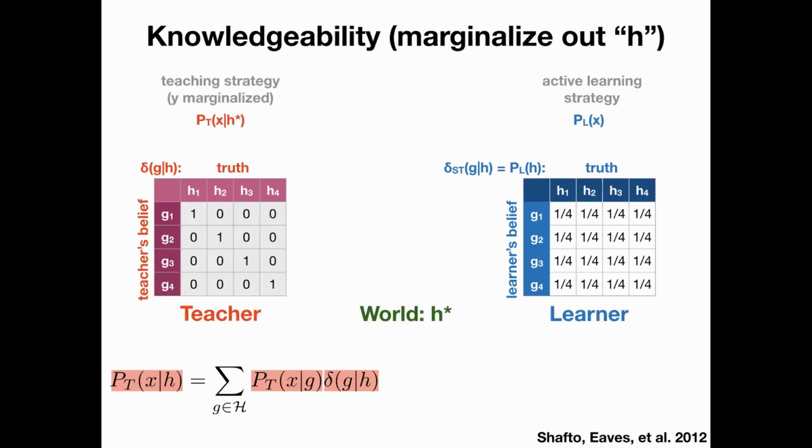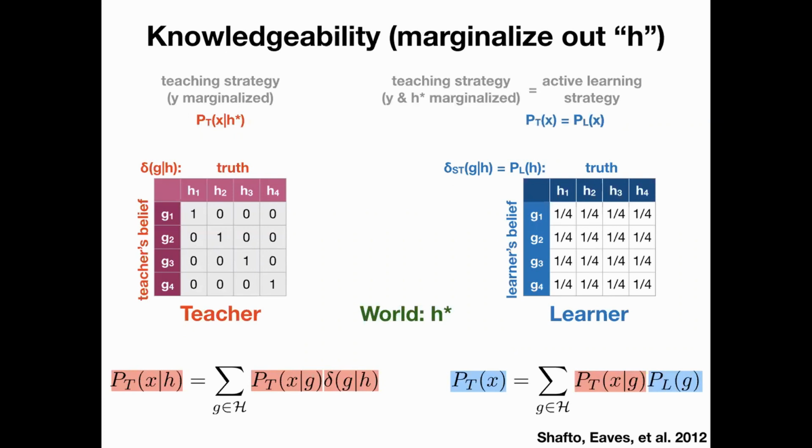If we use the same marginalization operation with this knowledgeability, which is denoted by P sub L of G, then the resulting teacher selection becomes independent of H. Comparing this equation with the teacher's equation on the left, it is apparent that this is the case because the learner's knowledgeability is independent of H to begin with. Thus, by manipulating knowledgeability, we have created a teaching strategy that depends only on X.